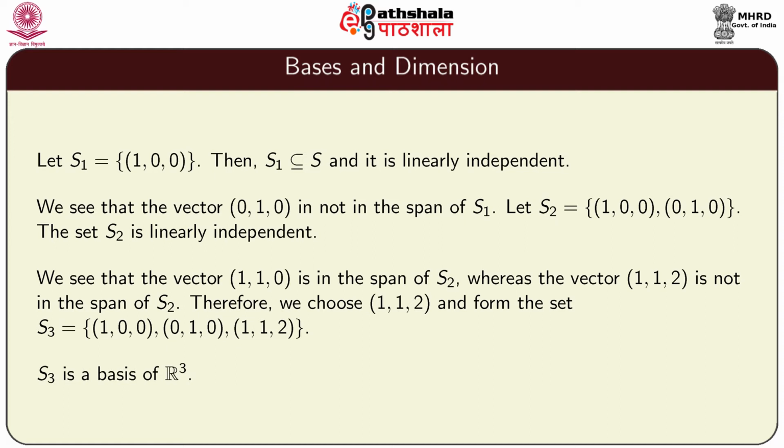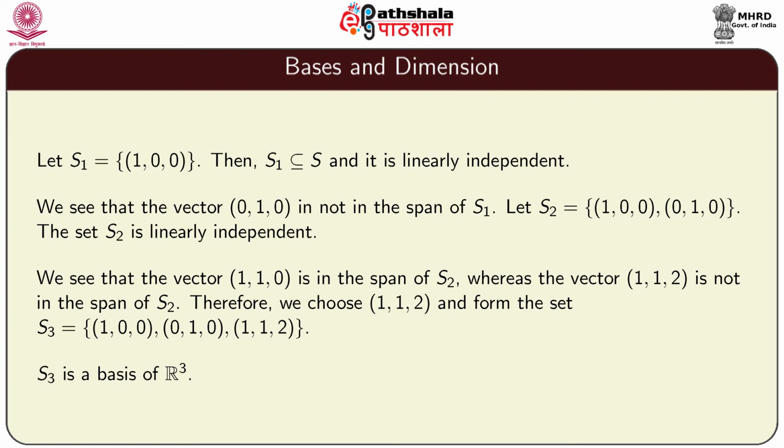It is clear that the vector (0,1,0) is not in the span of S1 for the simple reason that this 1 is sitting at the second position of the vector, and the second position of (1,0,0) is 0, therefore it cannot possibly generate the vector (0,1,0) through linear combination.